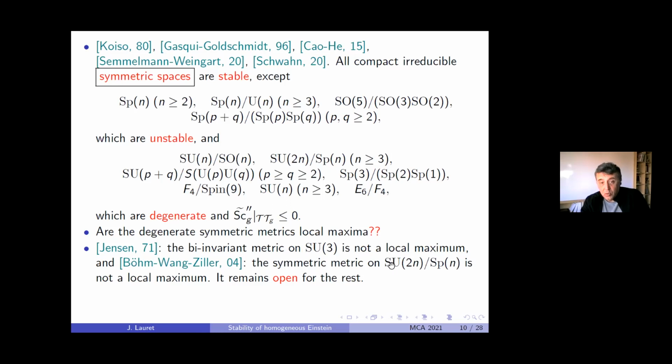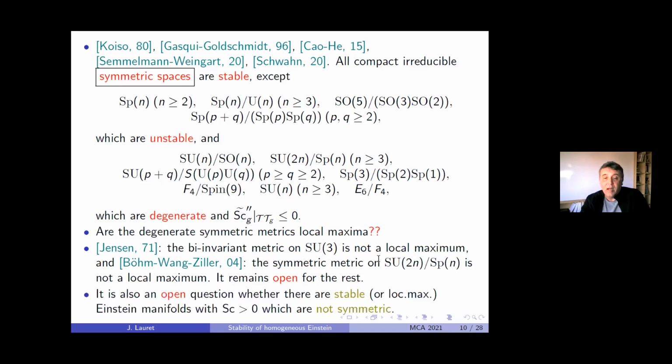Only for these two degenerate symmetric spaces, we know that it's not a local maximum. It's open for the rest. And it is also open if there are any other stable Einstein metrics other than these symmetric spaces, always with positive scalar curvature. It is incredible that this is still open. It may be the case that only symmetric spaces are stable. But this is open.